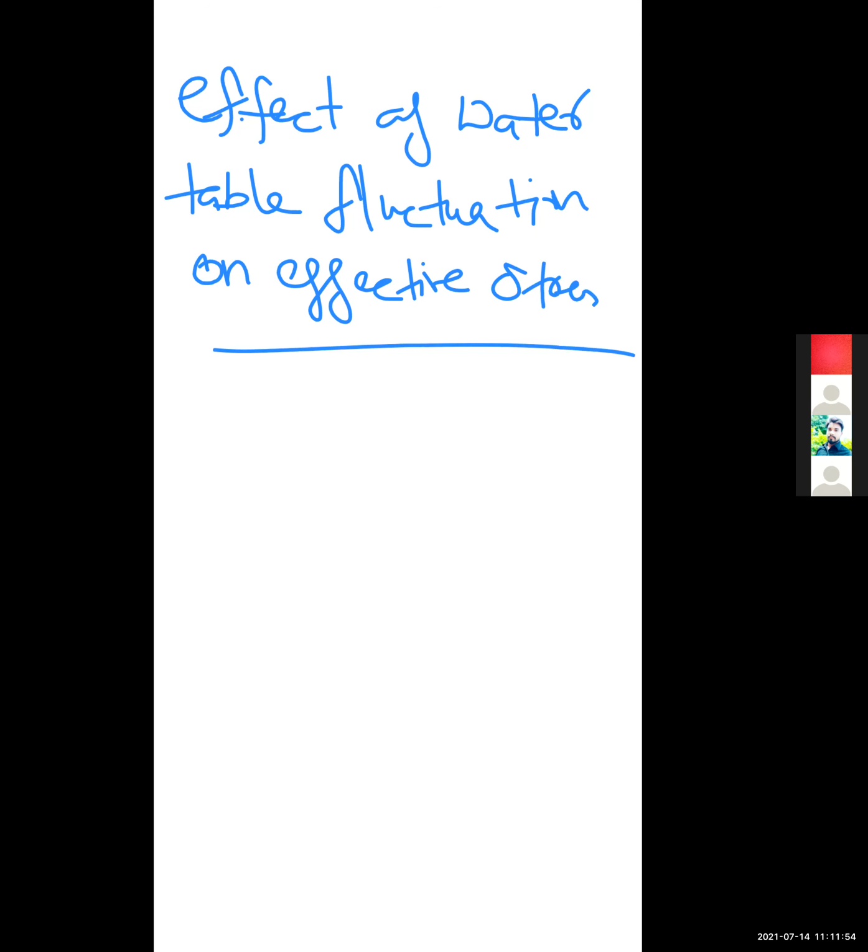If a soil zone is present here, this is the soil zone.